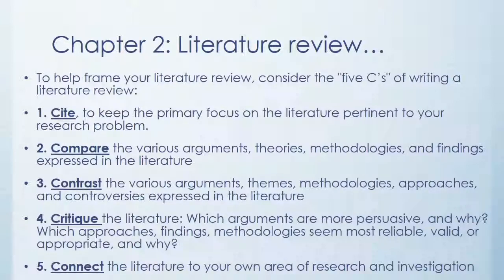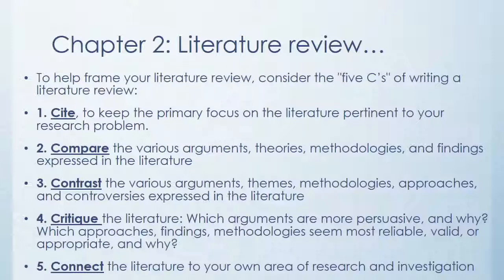As we continue with chapter 2, to help frame your literature review, consider the 5 C's of writing a literature review. Number 1, cite. To keep the primary focus on the literature pertinent to your research problem, you have to cite the sources, reference.